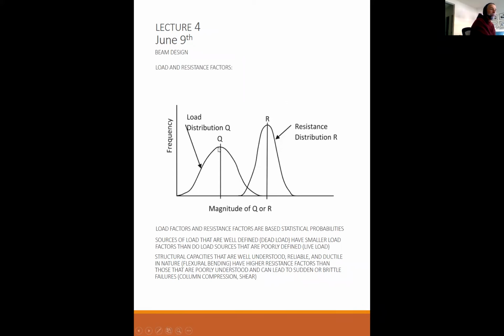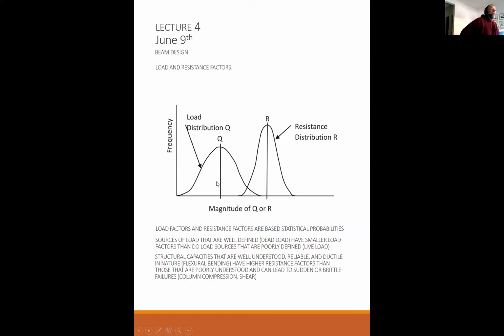Okay, so back to what we're doing here. You could estimate that the load demand is Q, and it may be lower than Q in reality, or it may be a bit higher, but it's probably not going to be too much higher. The probability is that your load is not going to be twice as much as you thought it would be, but there's some probability as to how much more that structure could see in its lifetime than what you assumed.